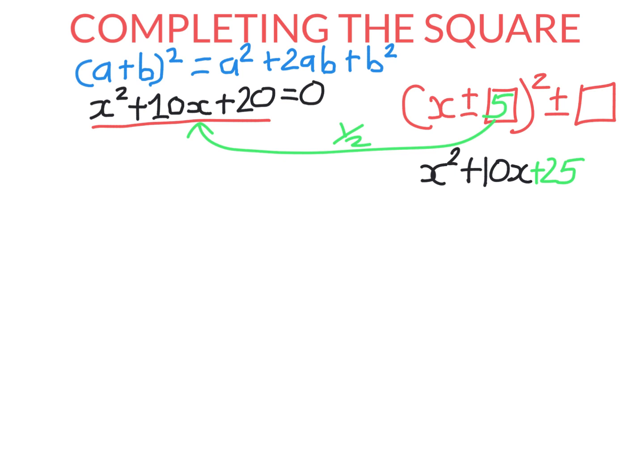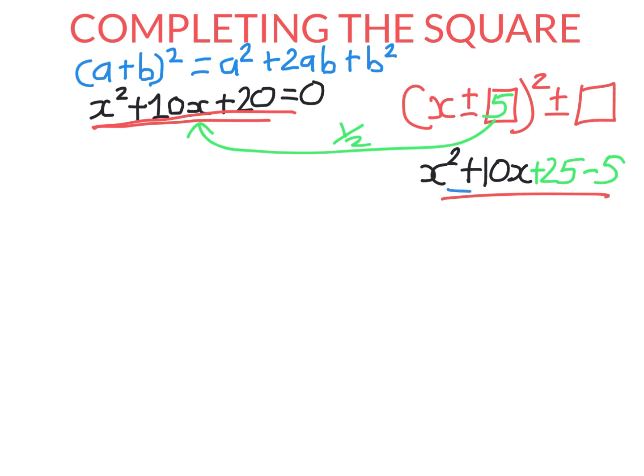Okay, so where are we? Well, we have x squared plus 10x plus 20. If I expand this, I get x squared plus 10x plus 25, not plus 20. So what I need to do is adjust for this. 20 is 25 minus 5. See, now that I've subtracted the 5, this expression and this expression are exactly the same.